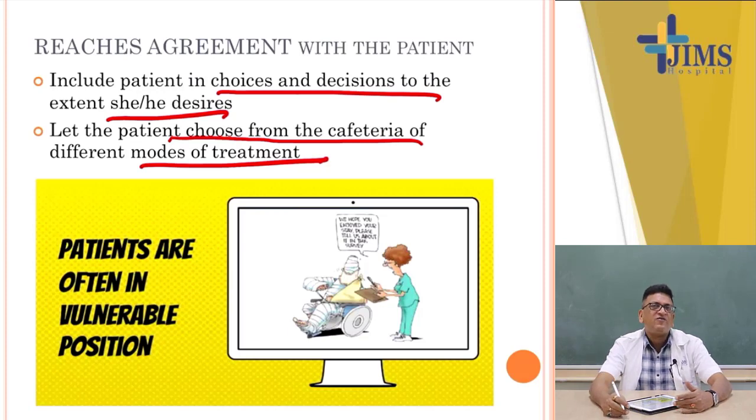Then further tests if required, and how you are going to approach the patient. Explain everything clearly. That's very important for the patient as well as yourself, to build a relationship with the patients.